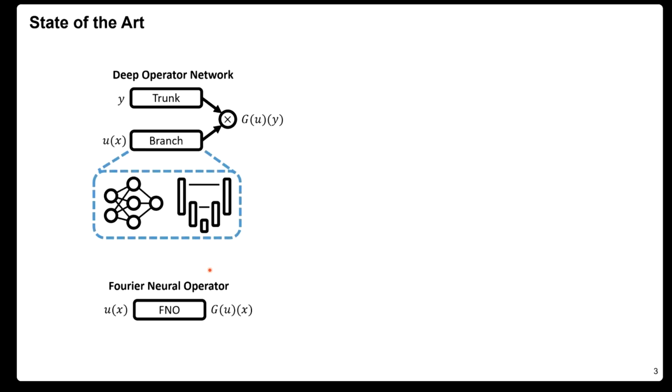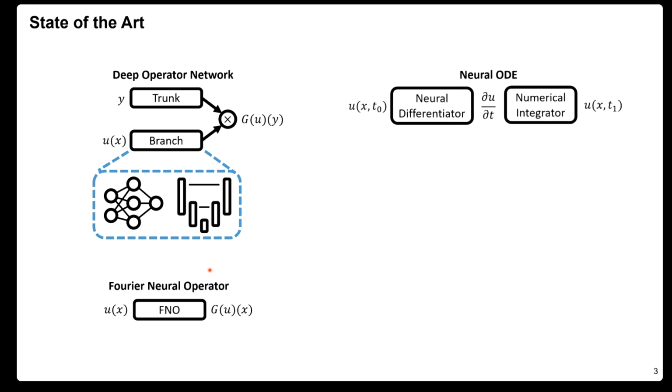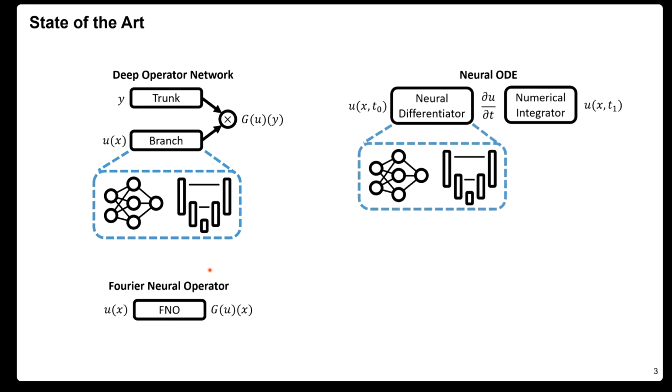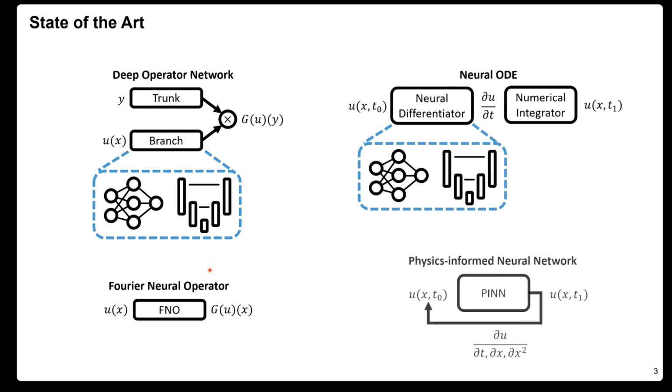Then maybe you have already heard of neural ODEs, which is another example of taking a neural network as a differentiator and then using a numerical integrator, basically combining a numerical solver with a hybrid model. There you can of course use different architectures: MLPs, UNets, transformers, whatever.